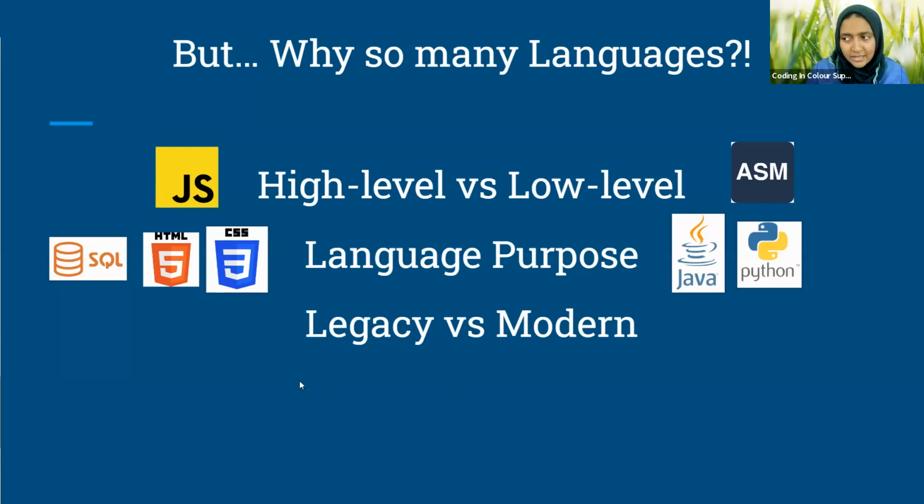So the thing though about this comparison is that if you end up working at a bigger firm, chances are, unfortunately, a lot of the code is written in legacy code. And the reason for that is because a lot of big companies started 20, 30, 40 years ago, maybe 60.